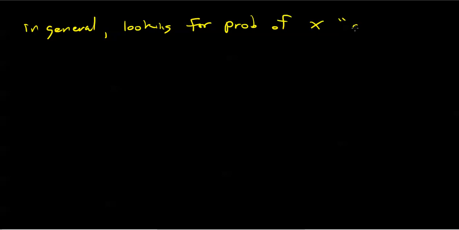Alright, so in general, in this section we're looking for the probability of X successes in a certain number of trials. We've got to get some notation down before we define and start practicing a formula.